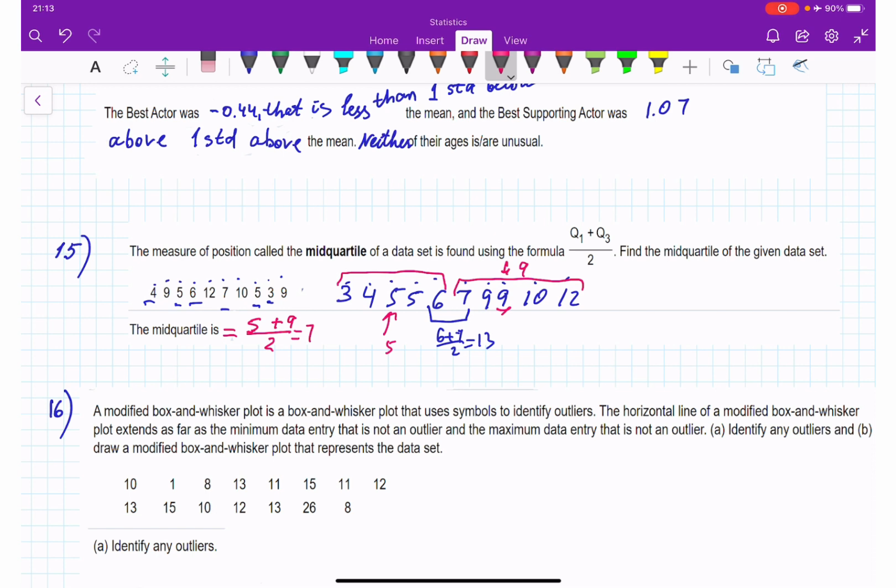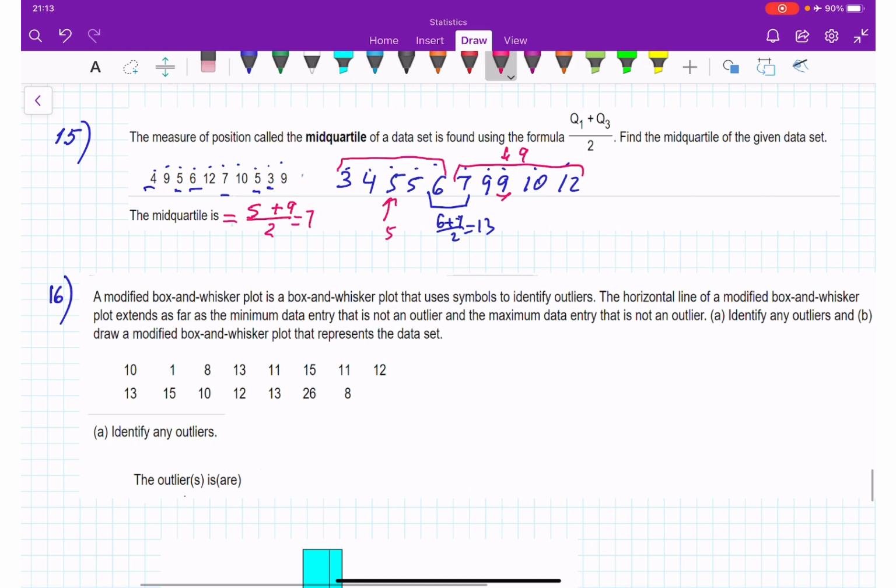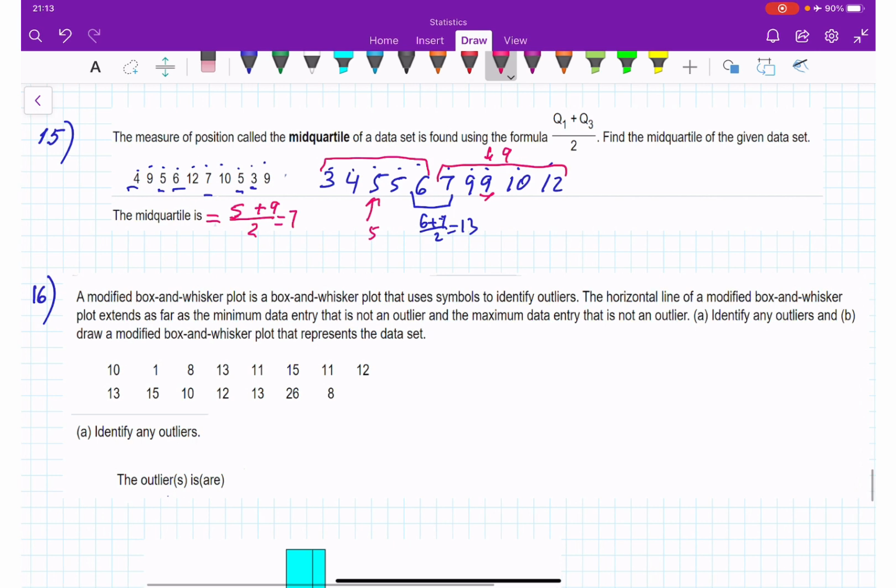Okay, moving to question number 16. A modified box and whisker plot is a box and whisker plot that uses a symbol to identify outliers. The horizontal line of a modified box and whisker plot extends from the minimum.